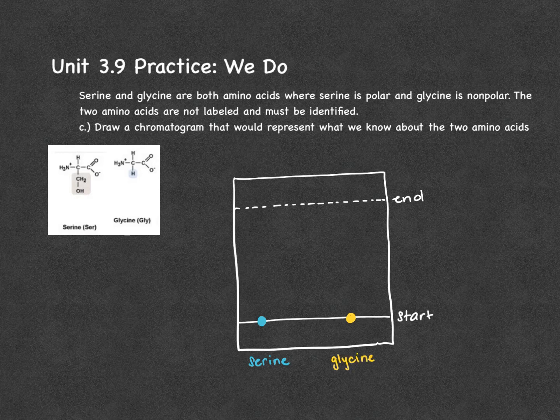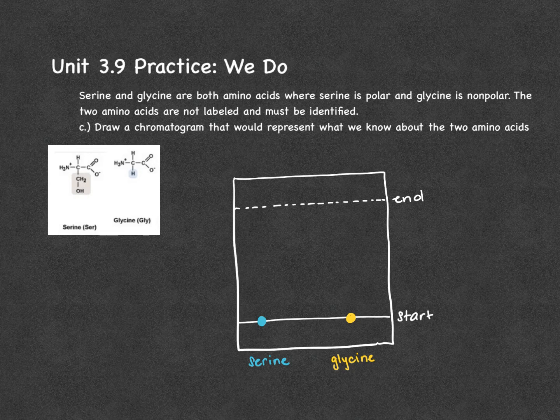So now to know where these two are going to end up, I have to look at the polarity of the substances and how those polarities relate to both the mobile and stationary phase. So remember, our stationary phase, our silica gel or our alumina, are very polar. So that means our serine is going to have a higher affinity or more interaction with the stationary phase, with our gel, with our plate.